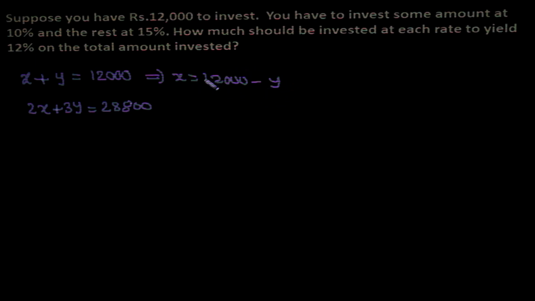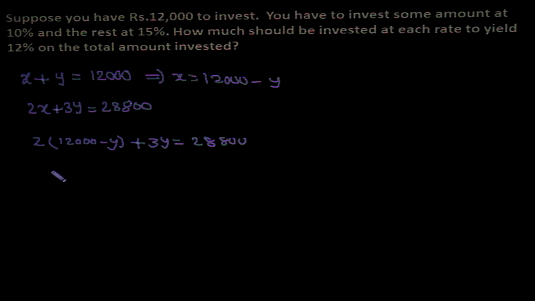Substitute this 12,000 minus y in the place of x in the second equation. That means 2 into 12,000 minus y, plus 3y is equal to 28,800.